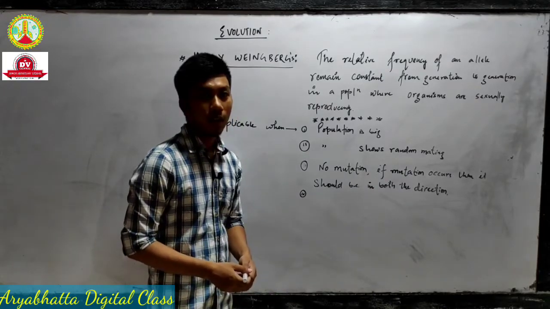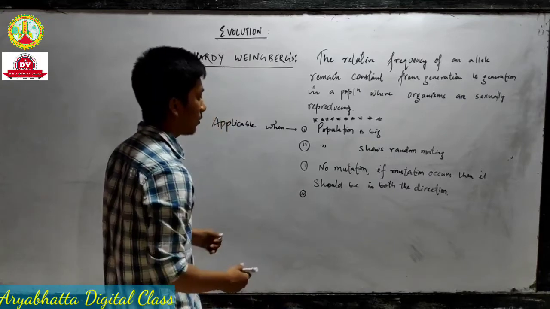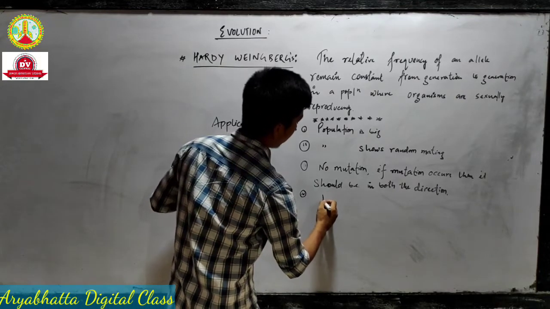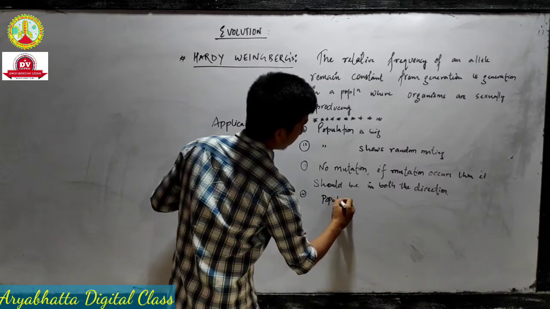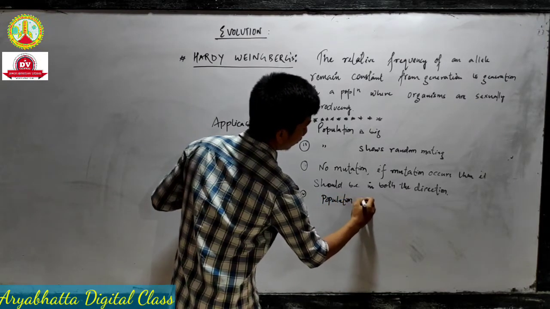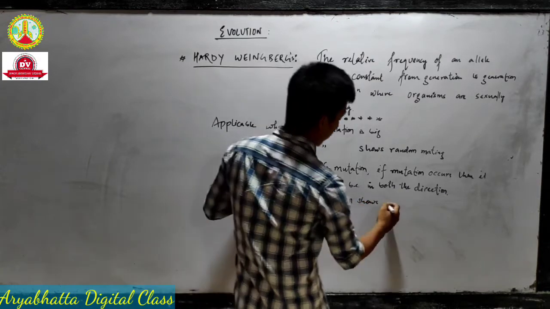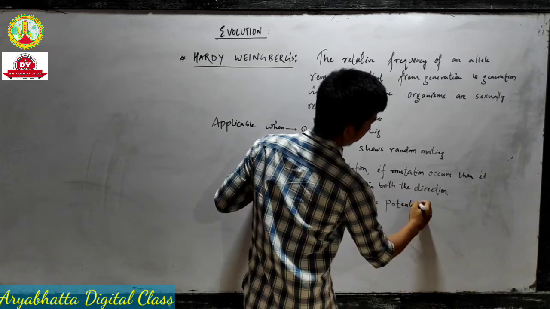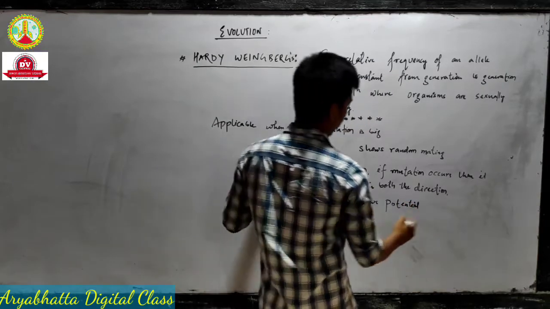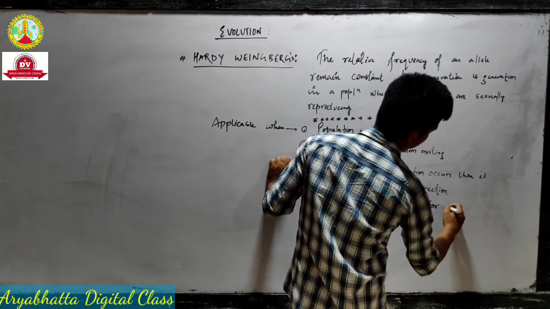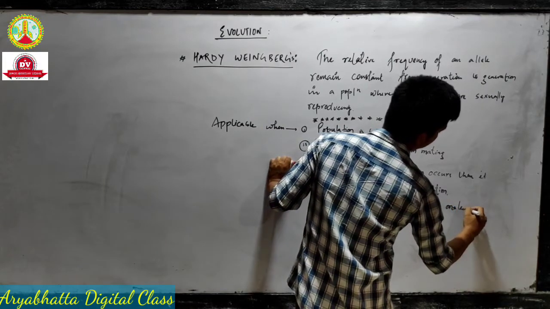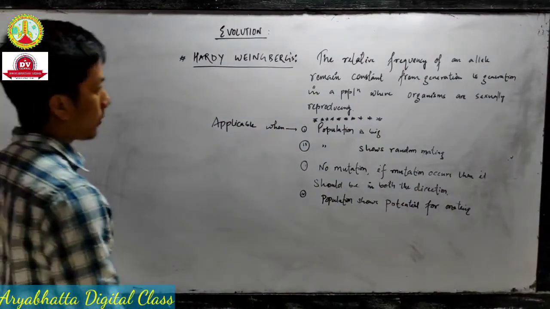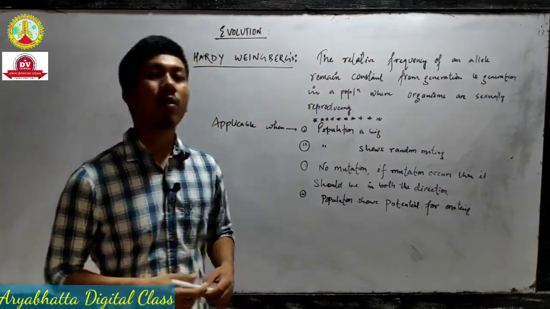Okay. 4th point. It is applicable when the population shows potential for mating, then only the Hardy-Weinberg equation is applicable. So first of all, remember the definition.